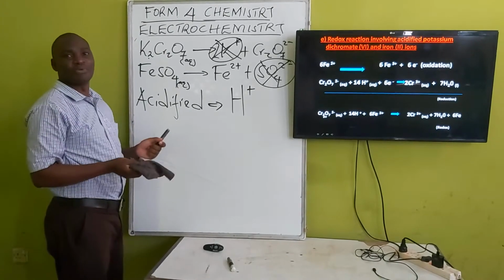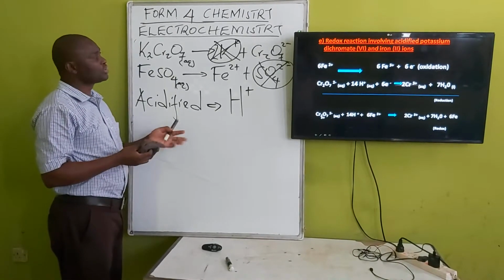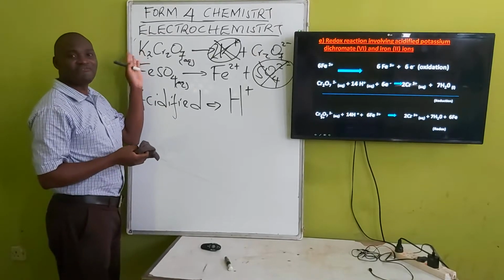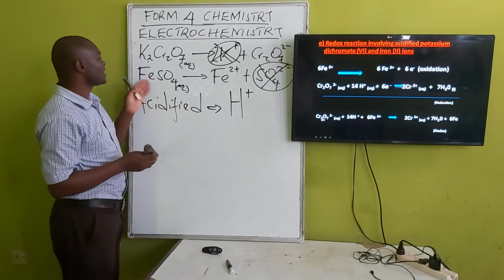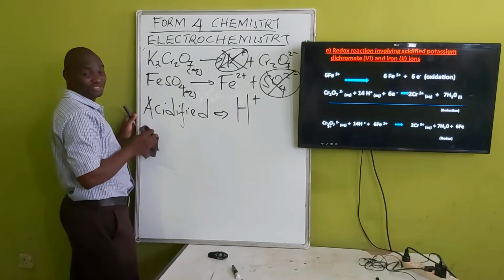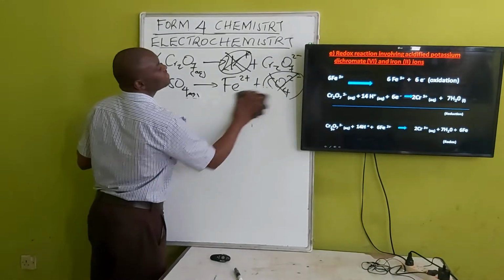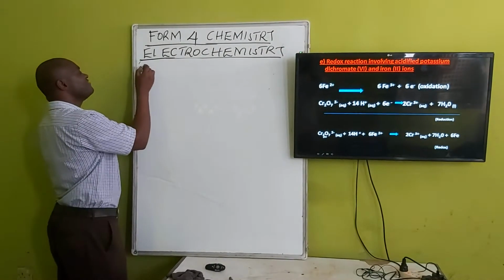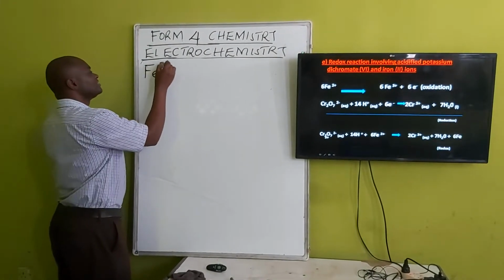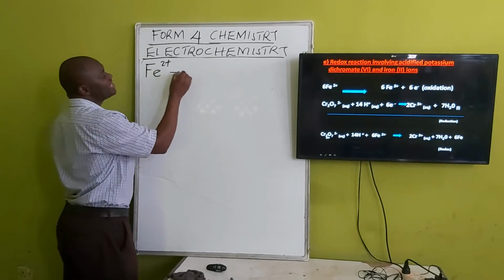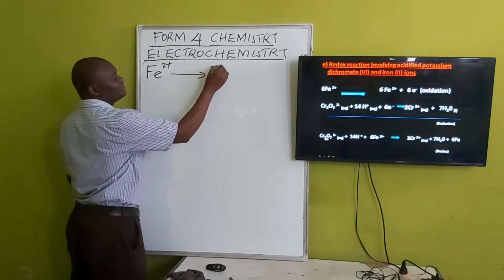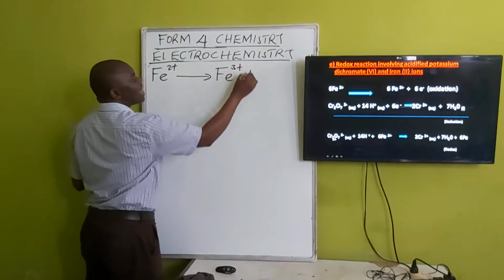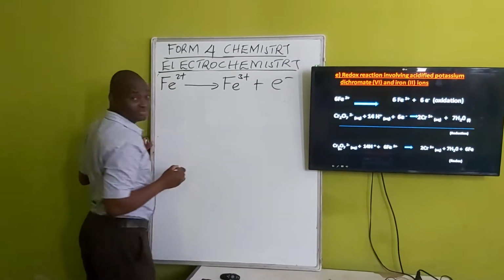Therefore, let us come up with an equation to show that the reaction between acidified potassium dichromate(VI) and iron(II) sulfate is a redox reaction. That is what we want to show here. We will start by having our iron(II) ions being oxidized by losing an electron to form iron(III) ion.